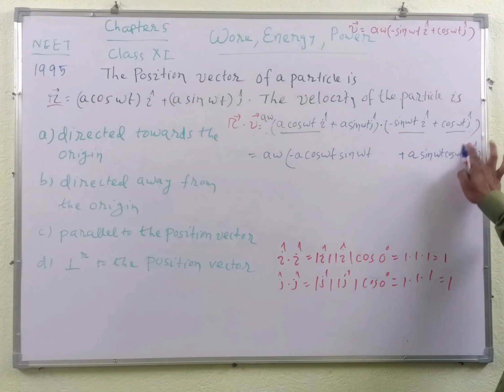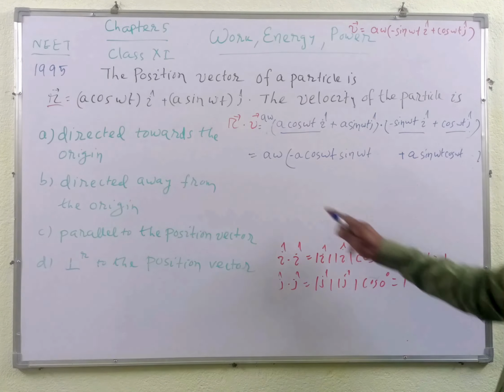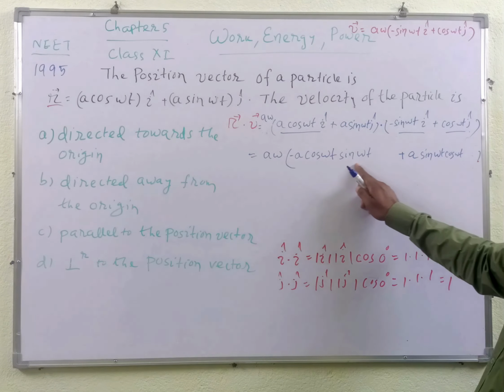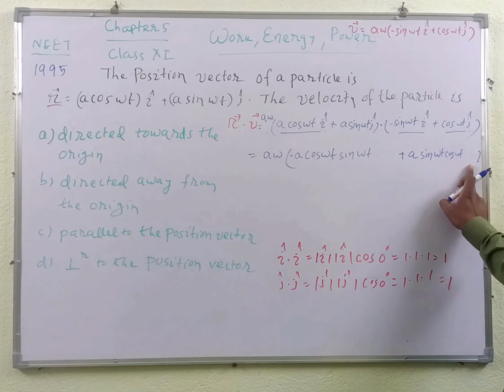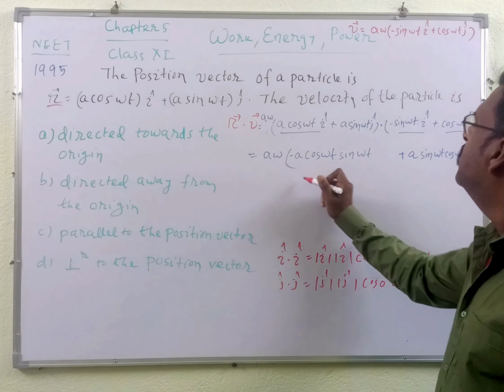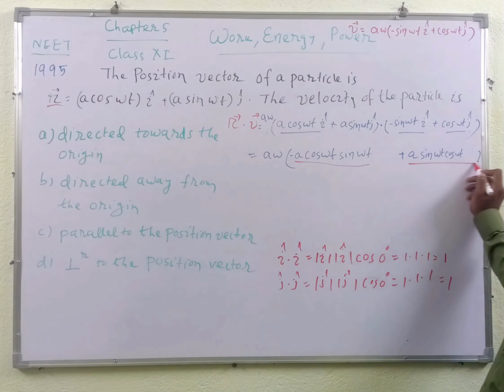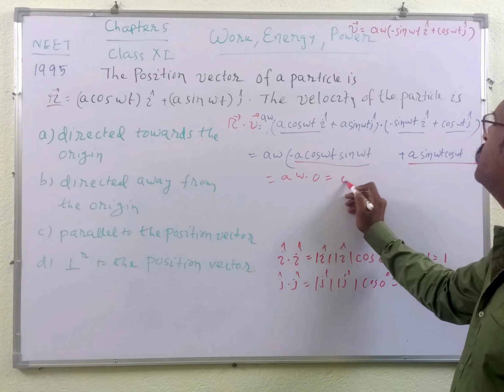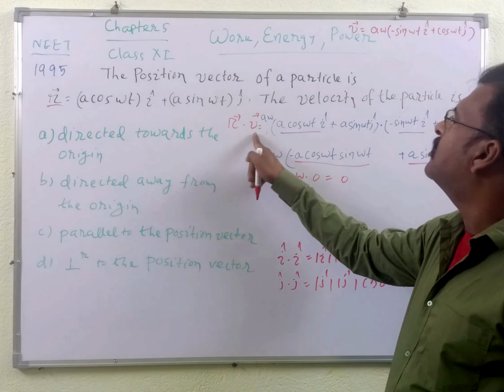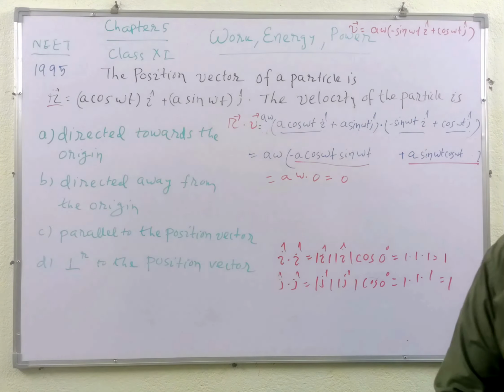So this becomes a omega times minus a cos omega t sin omega t plus a sin omega t cos omega t. You see these two terms are the same. So this is a omega into 0 equal to 0. So student, r dot v is equal to 0.